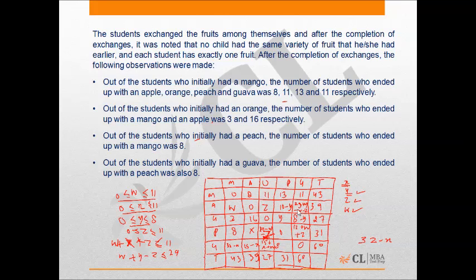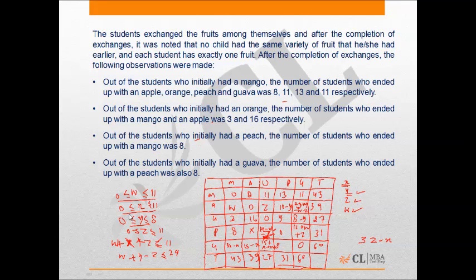In the table, this figure is 29 plus Y minus W minus Z, and this figure is 11 minus W minus Z minus X. And it can also be noted that the value of W will lie between 0 and 11, excluding these two values.